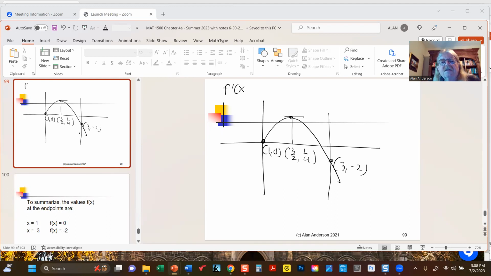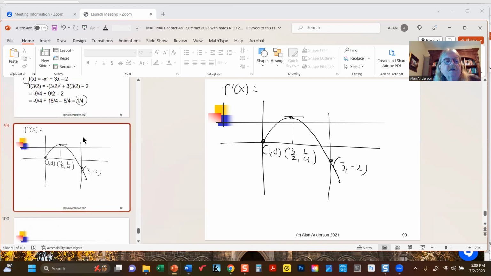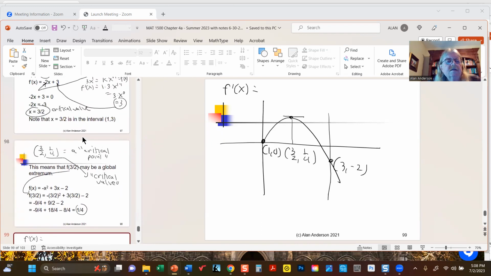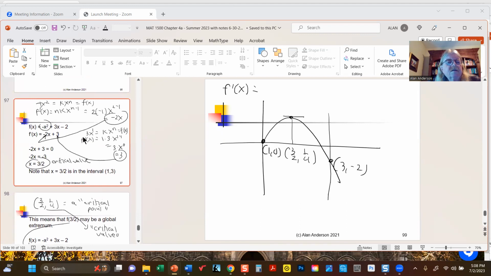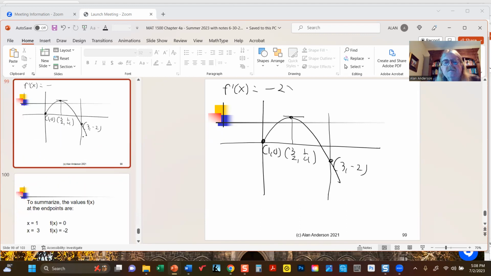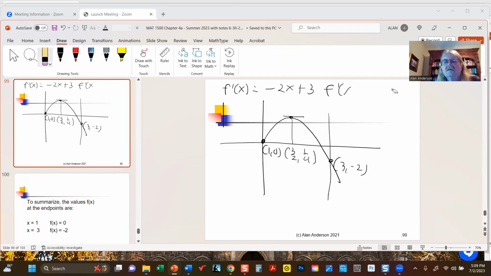F prime of x, we discovered, is -2x plus 3. So f prime of 3 halves is 0, as we expect. Okay, that's how we discovered that this is an extrema in the first place.